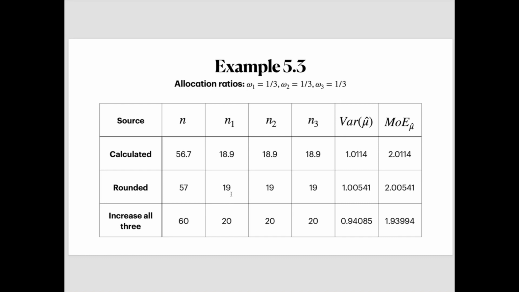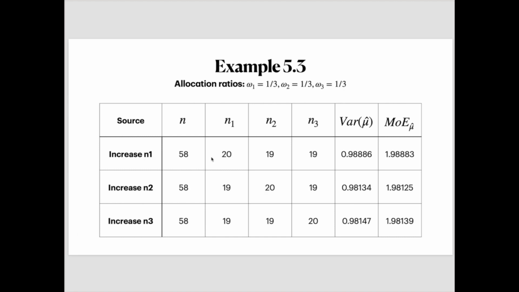Now, another approach, instead of incrementing all three of these stratum sample sizes, we could try incrementing just one of them. For example, if we increment N1 by 1 and leave N2 and N3 the same, so we have 20 observations from stratum 1 and 19 observations from each of strata 2 and 3, then we have an overall sample size of 58.